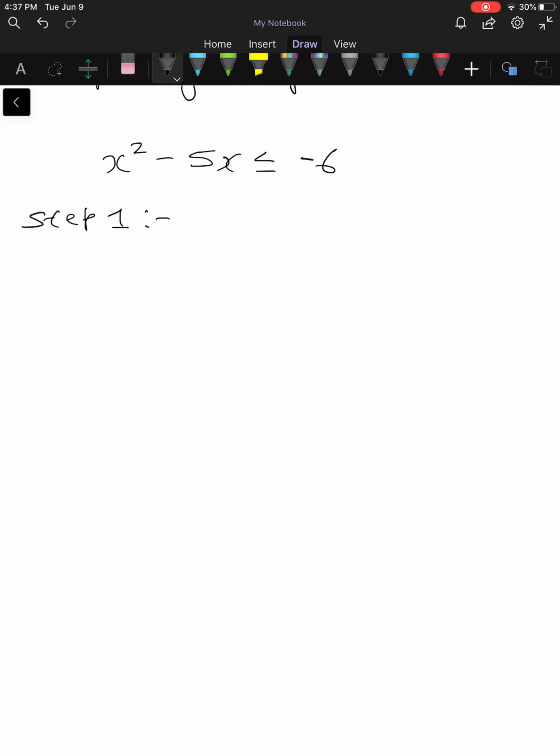So for example, here the inverse of negative 6 is plus 6, which gives us 0. So moving minus 6 towards the other side means adding 6 on both sides. Okay, so step 1 is move all terms to one side. It is your wish, you can move anything towards any side.